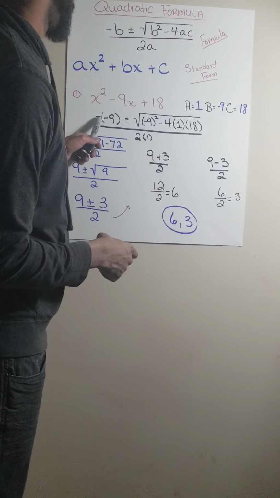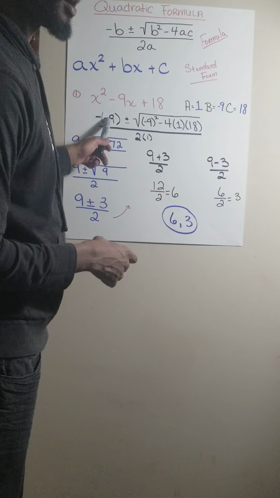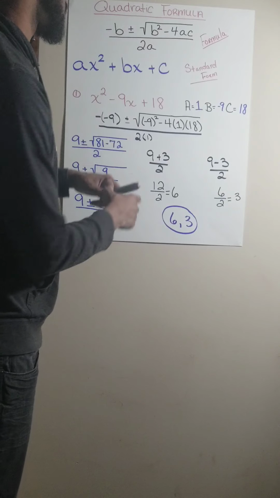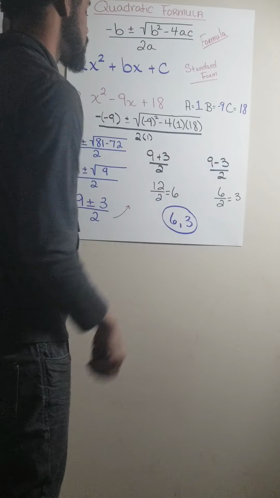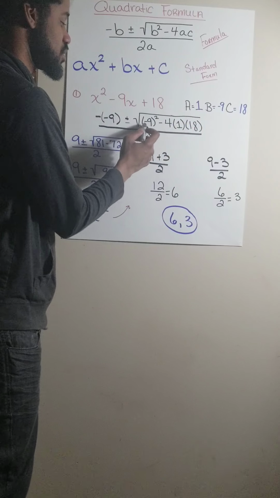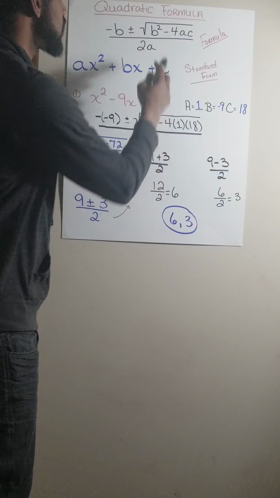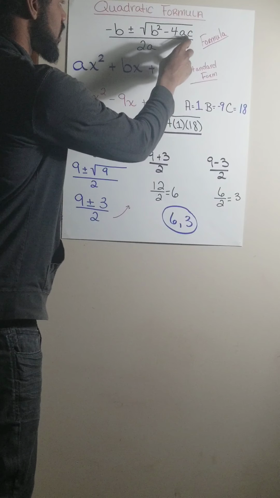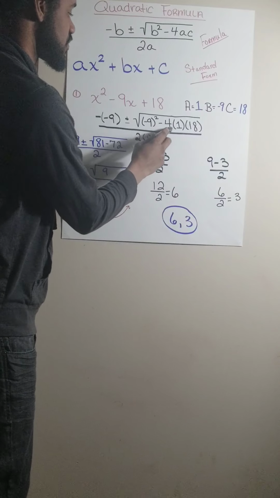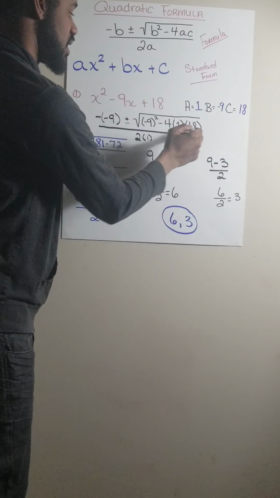So, negative b, negative 9, plus or minus the square root of b squared. So b squared is still negative 9 squared, I'm filling that in, minus 4ac. So minus 4, a is 1, c is 18.